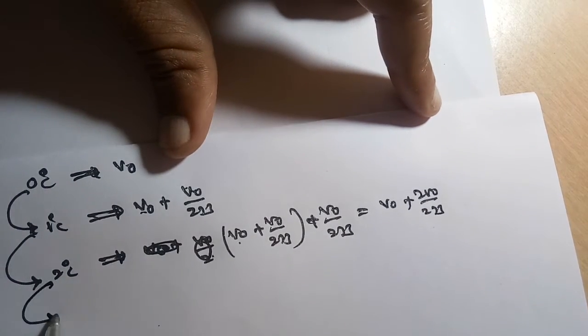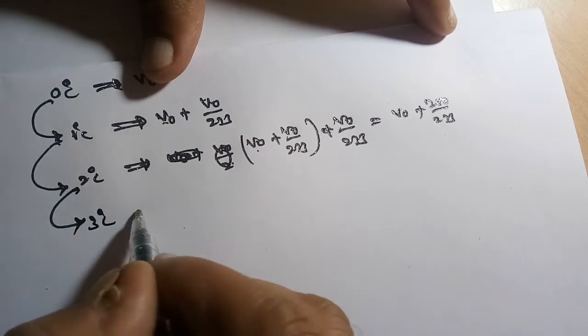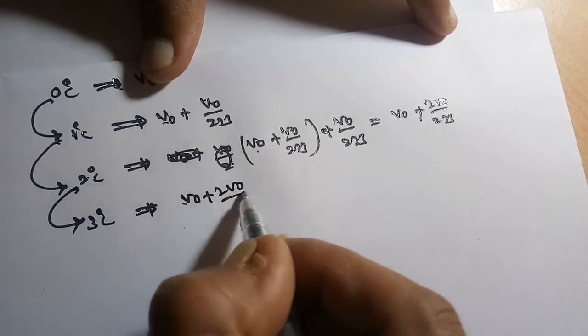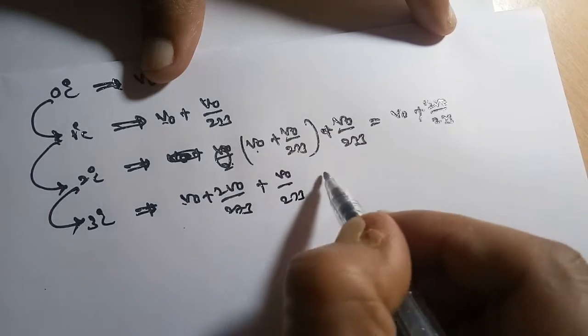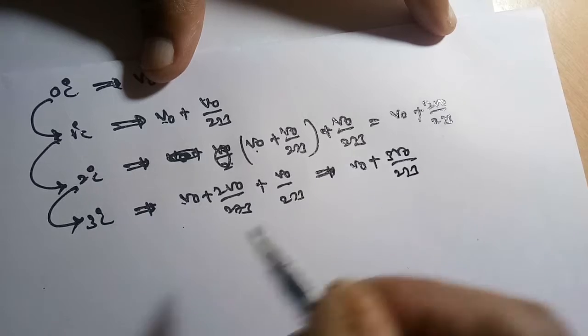For one more degree, 3 degrees centigrade, we get this volume plus again V0 by 273, so V0 plus 3V0 by 273.